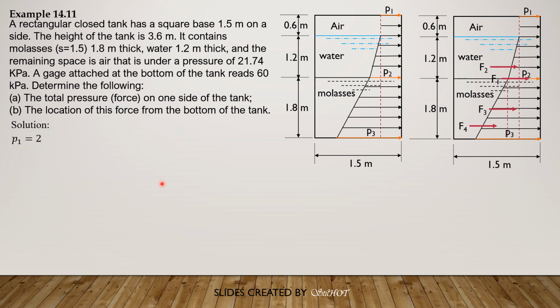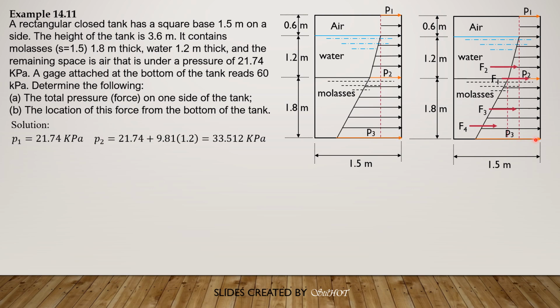Before that, let's solve for P2. P sub 2 is P1, 21.74, plus, because this is water, 9.81 times 1.2. So the pressure is gamma times depth: 33.514 kilopascals. P3 is 60.